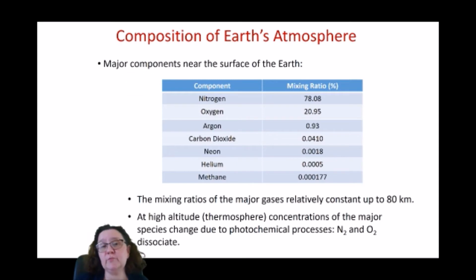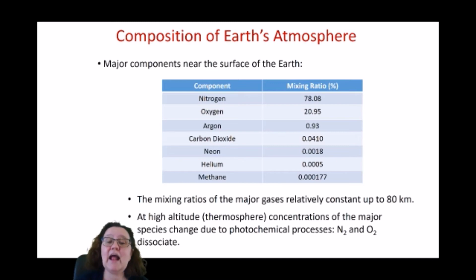Composition of the Earth's atmosphere. The major components near the surface are mostly nitrogen, 78%, oxygen a bit under 21%, and then some carbon dioxide, argon, neon, etc. These percentages, this mixing ratio of these major gases, are relatively constant up to 80 kilometers.